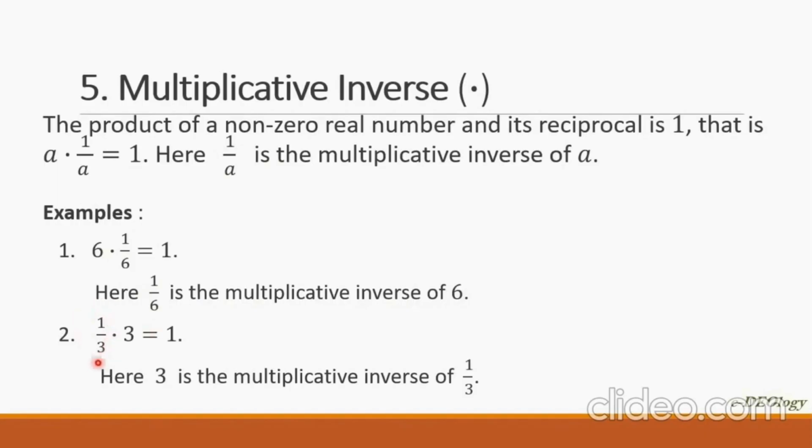So we think of a number that will be multiplied to this 1 over 3 to make the result be 1, the identity. And that number is actually the reciprocal of 1 over 3, and that is this whole number 3. And this 3 is called the multiplicative inverse of 1 over 3.